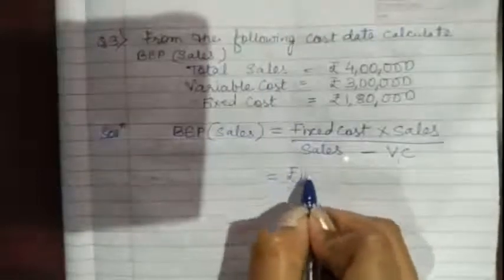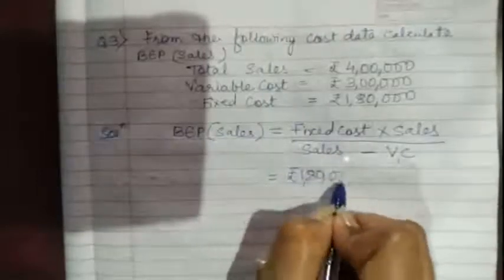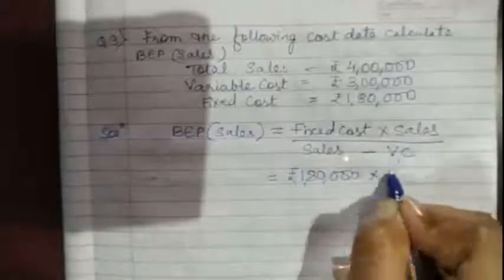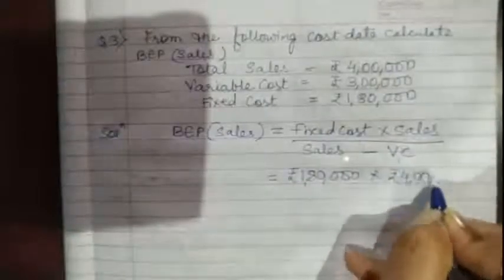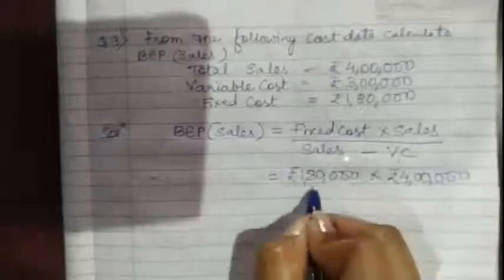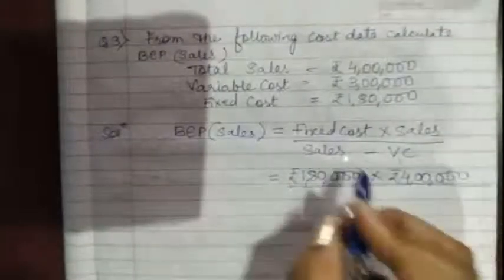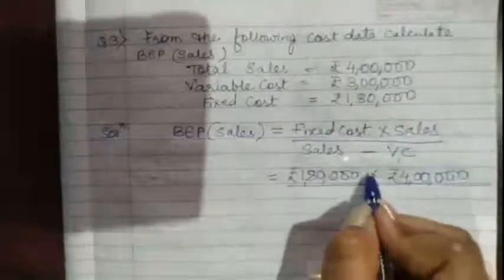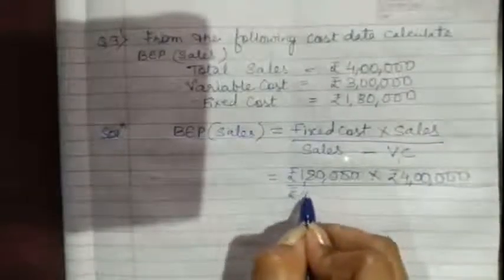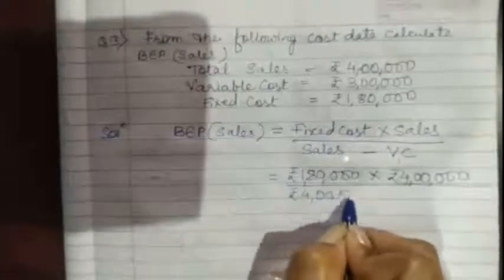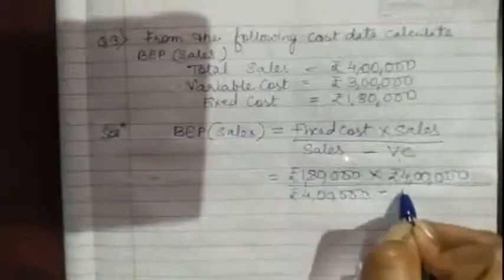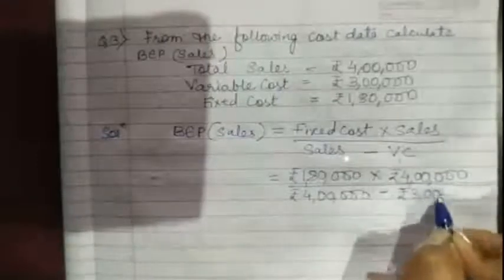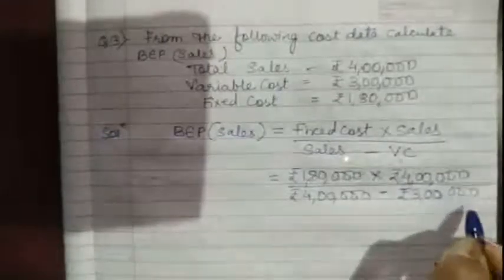So fixed cost rupees 1,80,000 into sales rupees 4 lakh, divided by sales 4 lakh minus variable cost 3 lakh.